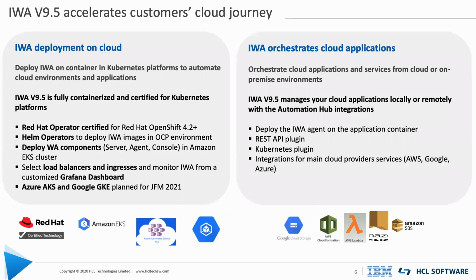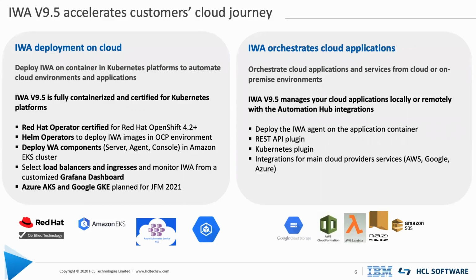In particular, when we're talking about the cloud journey, the fact that our distributed components are available on cloud platforms certainly allows you to deploy them. So even Z-centric agents, for example, for the Z engines, can be deployed in this environment.